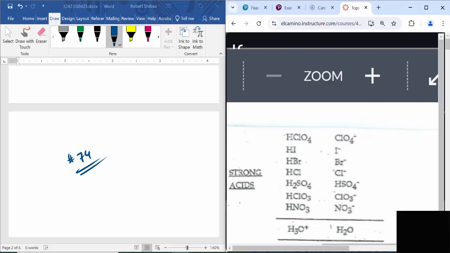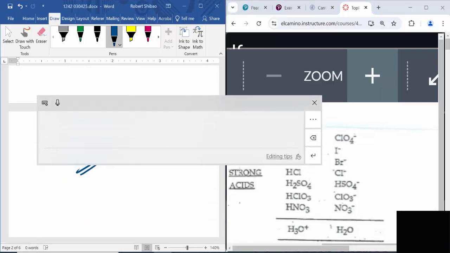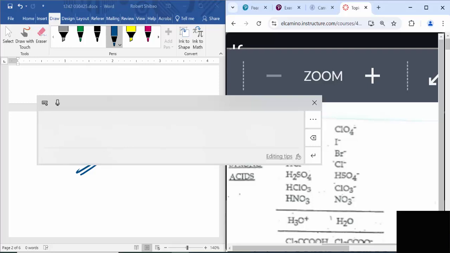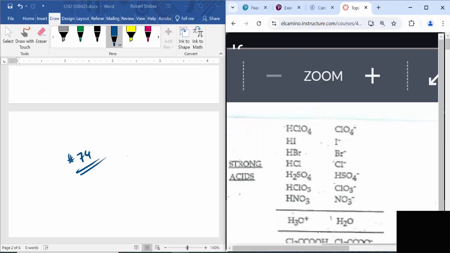And so when we're looking at acids, this is going to be a side. This is not related to the problem, but I'm going to do this anyway. What we say is that strong acids are strong electrolytes. Strong electrolytes do what? Dissociate or hydrolyze completely.